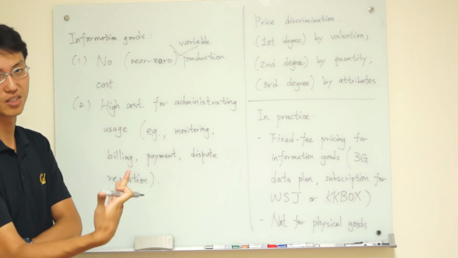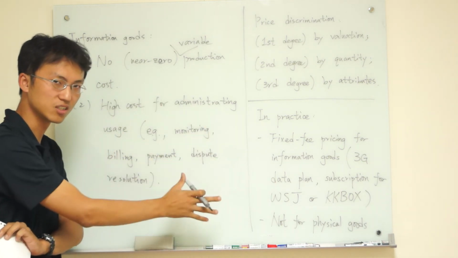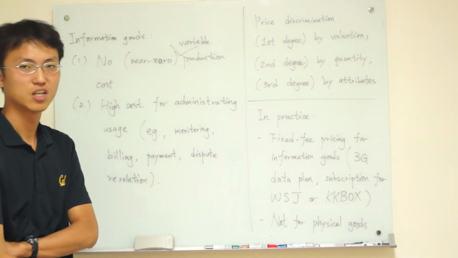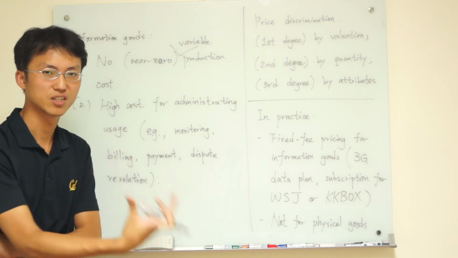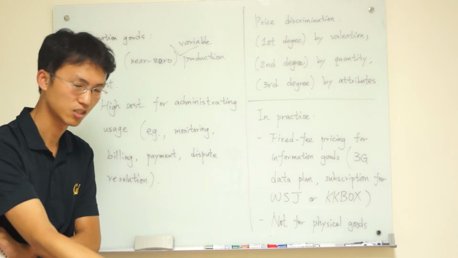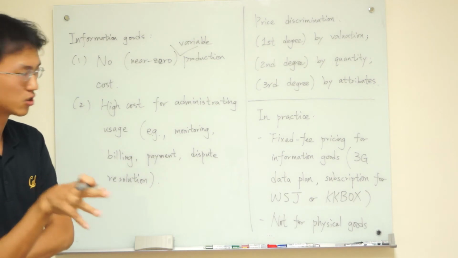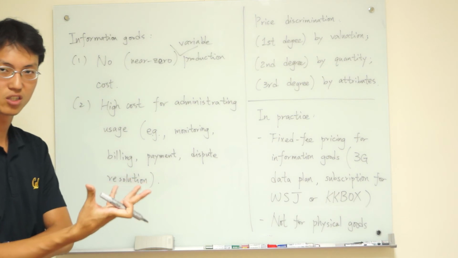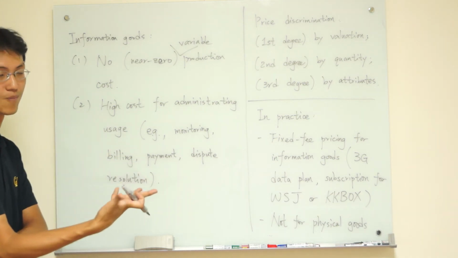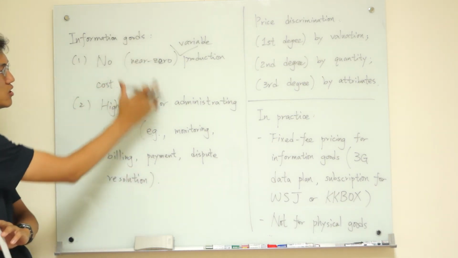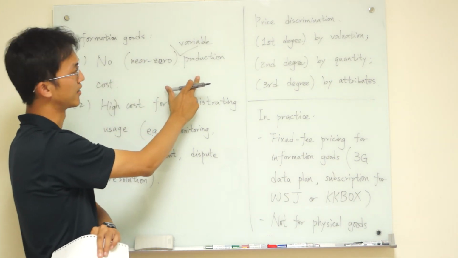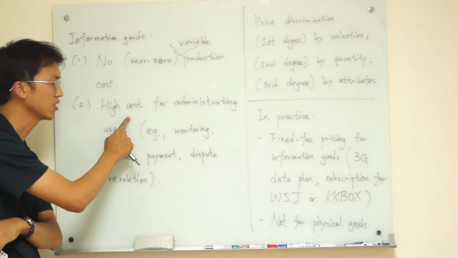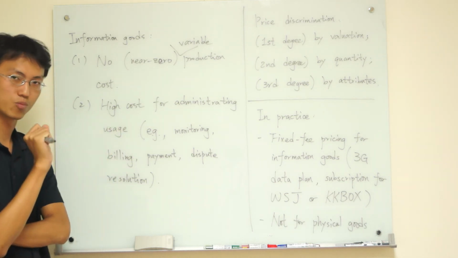usage-based pricing plans. But that's not really the situation for physical goods. If you are selling coats, if you are selling apples, how much they consume or how much they took is something that is easy to monitor, and that means there are not many disputes you will see. So for information goods, it's almost costless to produce new copies, but to monitor usage, you need to pay some cost.